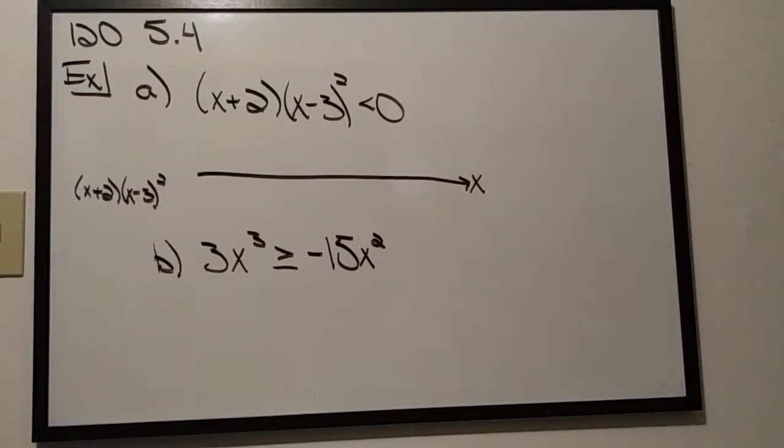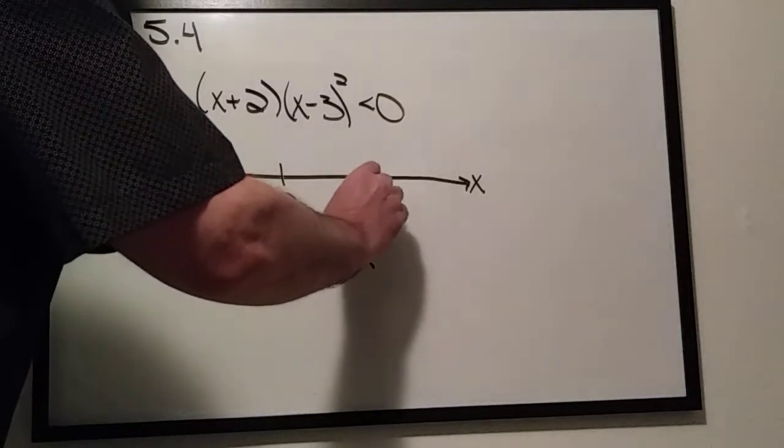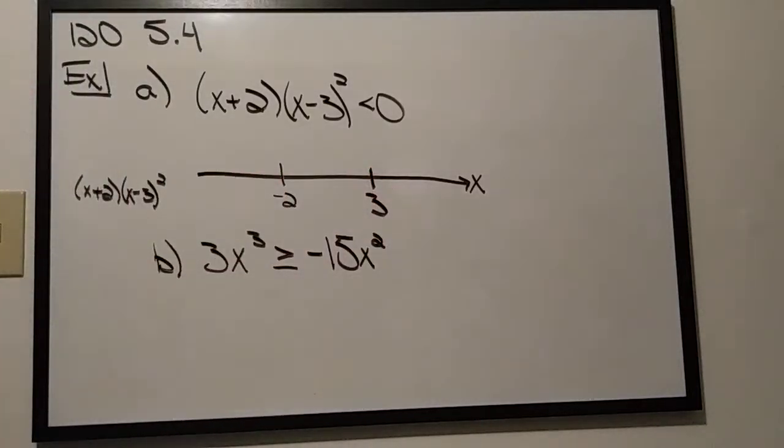We know that -2 and +3 are going to be the two interesting x values here. And then, just like we did back in section 5.3 when we were graphing rational expressions, we can come in and think about different x values that live in each one of these regions, and that's going to give us a sense of what's happening with our function.